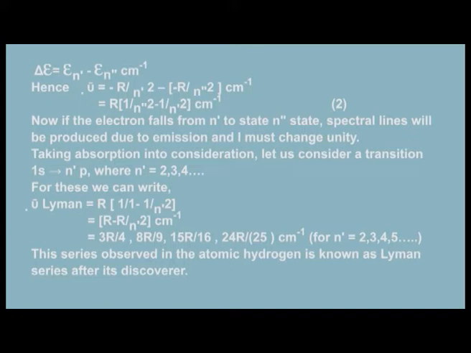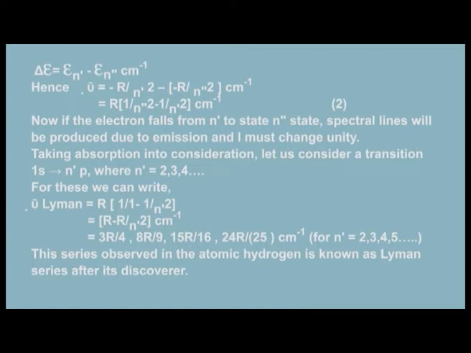Now, if the electron falls from n prime to state n double prime, a spectral line will be produced due to emission and L must change by unity. Taking absorption into consideration, let us consider a transition from 1s to n prime p, where n prime is equal to 2, 3, 4.